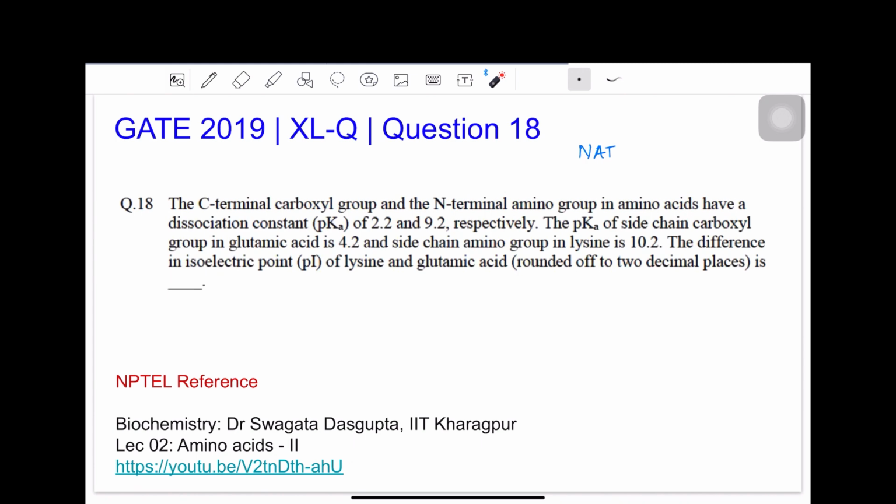So the amino acids, what is their structure? The amino acids have one amino group and one carboxyl group. Both are attached to the alpha carbon, and they also have a side chain.